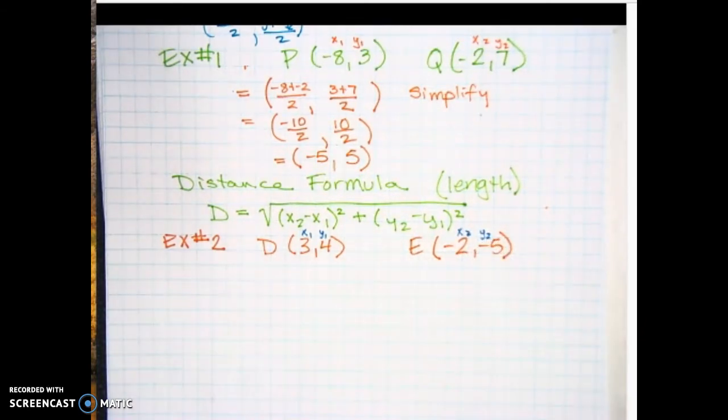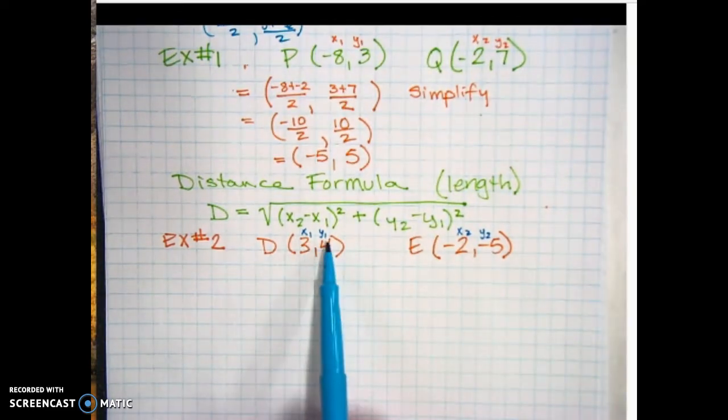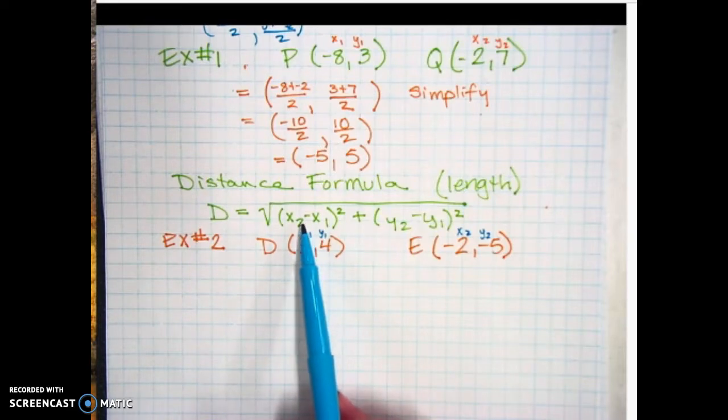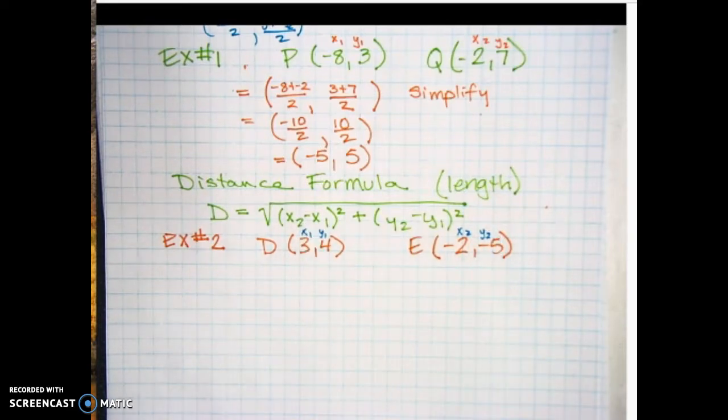The first couple times you do these problems, I highly recommend writing the x1 and the y1, writing the x2 and the y2. That way you make sure you get them plugged into the correct spot, especially with this distance formula because it involves subtraction. With subtraction, order matters, right? With addition, order doesn't matter as much.